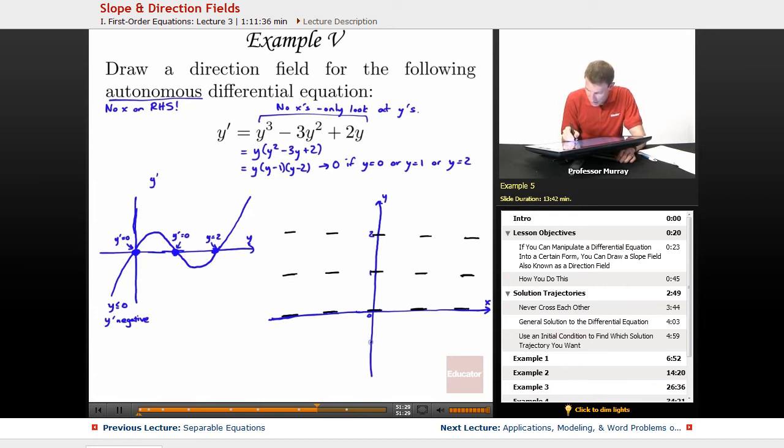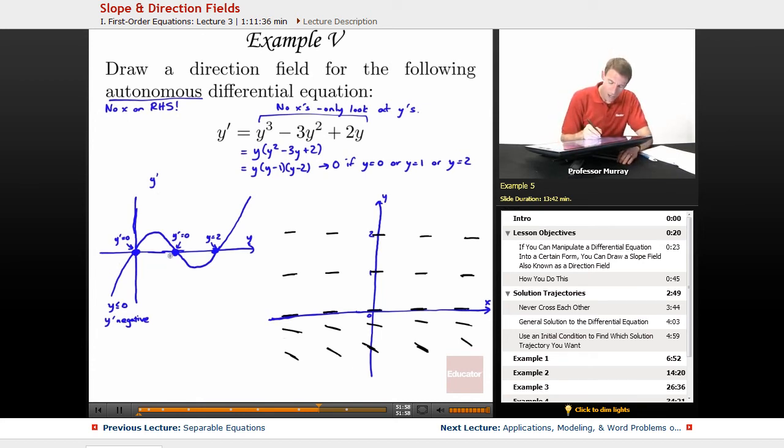So let me draw some negative slopes here. There's a negative slope. There's a negative slope. Now I don't really care what the x does because the x did not appear in the differential equation. So there's some more slightly negative slopes. Don't really care what the x does. That's why I'm not really paying attention to my x values here.